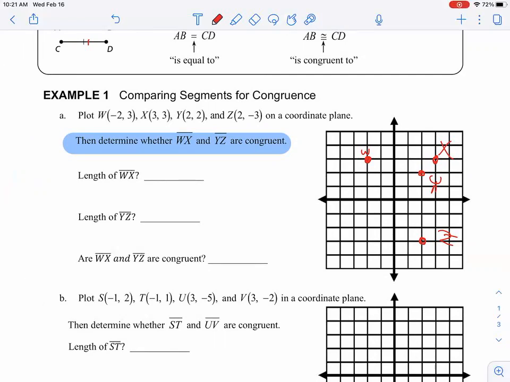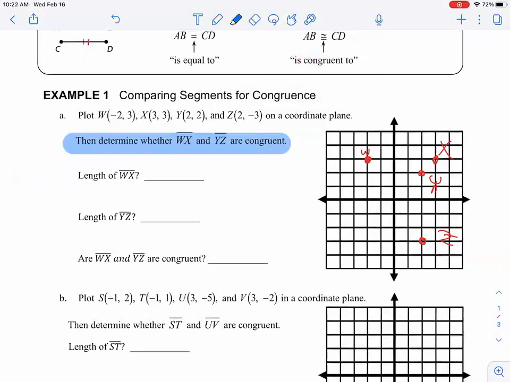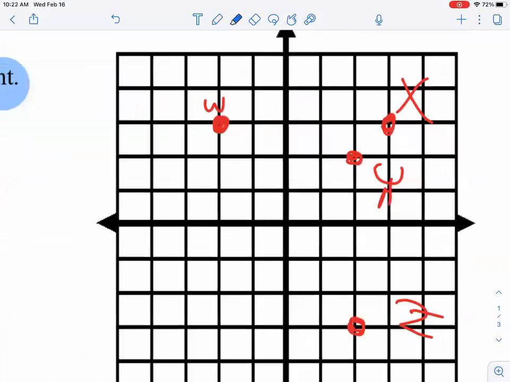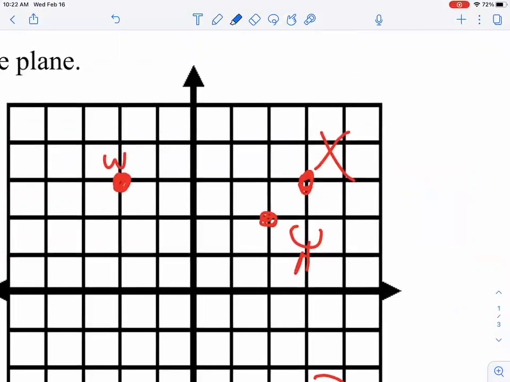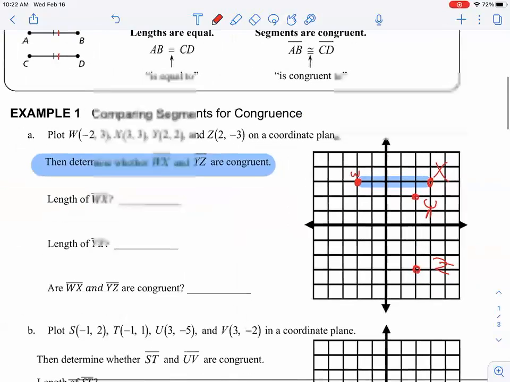So this is asking us to find the length of WX. We're just trying to find this length here. When you count it, we're counting the spaces, not the corners. So it's 1, 2, 3, 4, 5. WX has a length of 5 units.